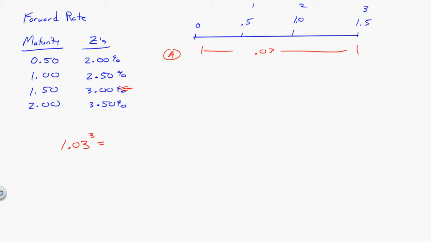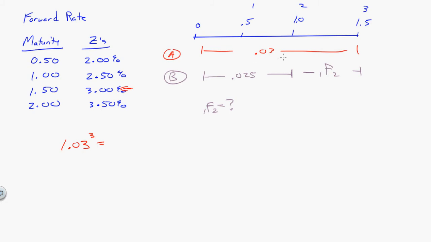If we choose to do option B, we can invest for 1 year at 2.5%. Oh, I didn't tell you what we were looking for. I need to tell you that first, right? I'm looking for 1F2, which is a 1 period forward rate that begins in period 2. So if I'm looking for 1F2, I know this.